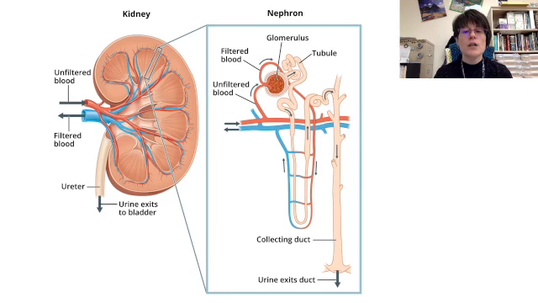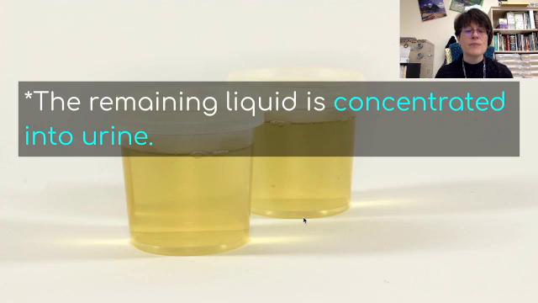Because 180 liters of blood is filtered in your body in a day, but you only produce about 1 to 1.5 liters of urine. So most of that water is reabsorbed in the loop of Henle. The remaining liquid is concentrated into urine.